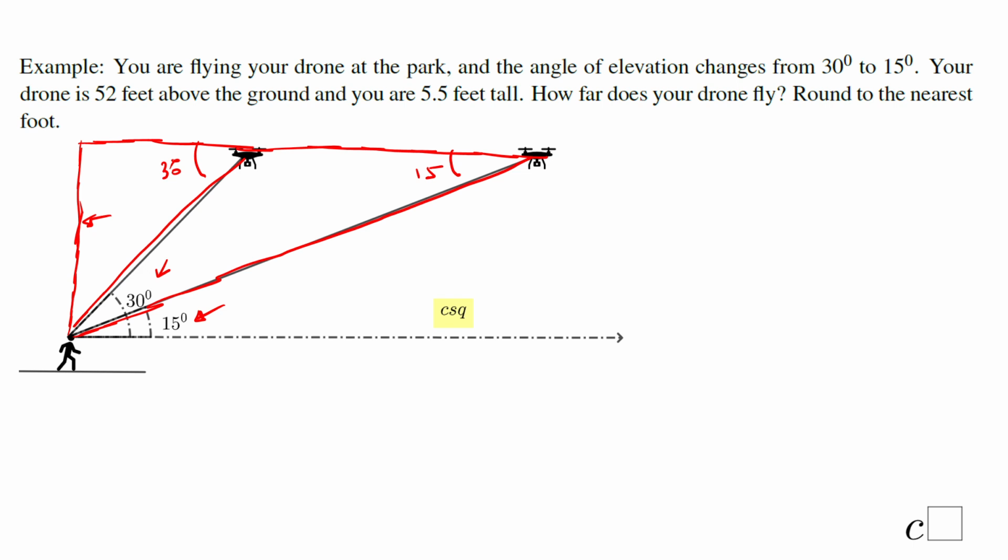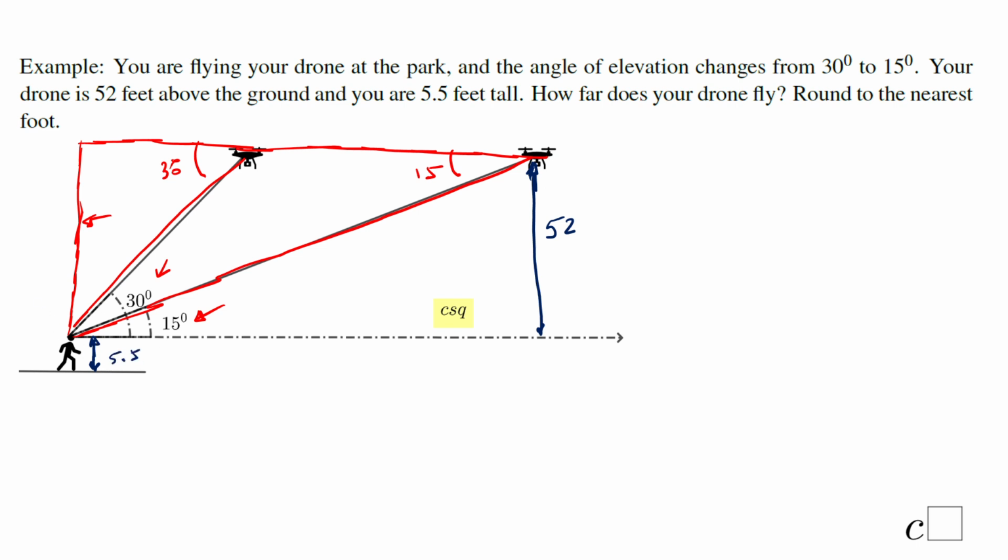Okay, so now before we do anything else, we want to find how big this piece is, or this two triangle, and for that reason I'm going to look again back to the problem, which says the drone is 52 feet above the ground, and the height you have is 5.5. So what else we need to do first?